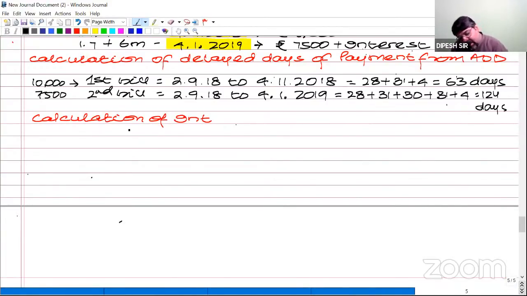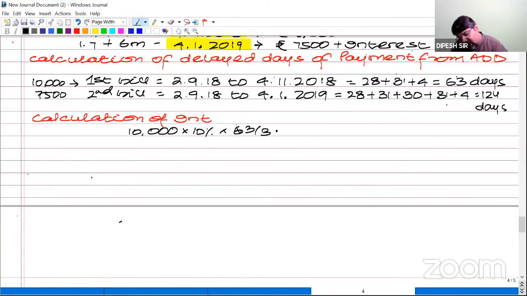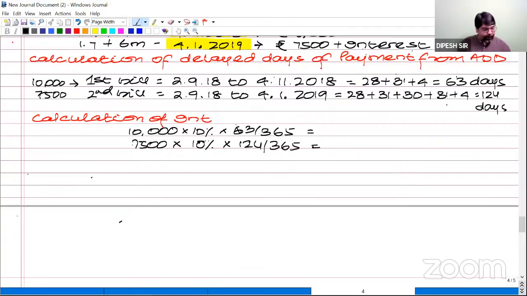Interest is 10,000, rate of interest is 10% into 63 by 365, plus 7,500 into 10% into 124 by 365. 10,000 into 10% into 63 by 365 is 172.60.